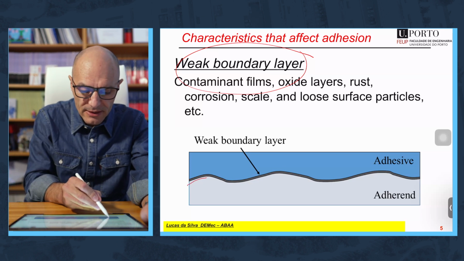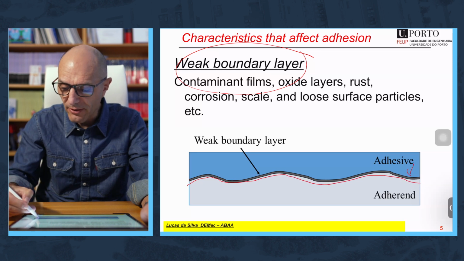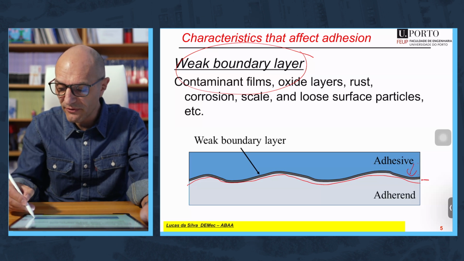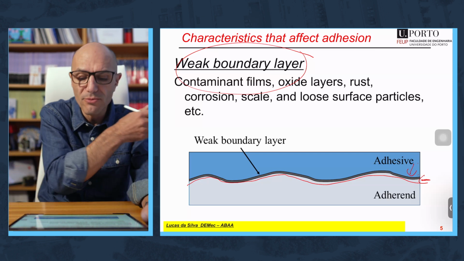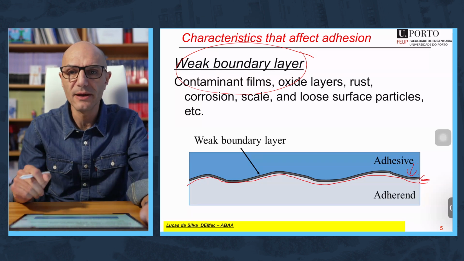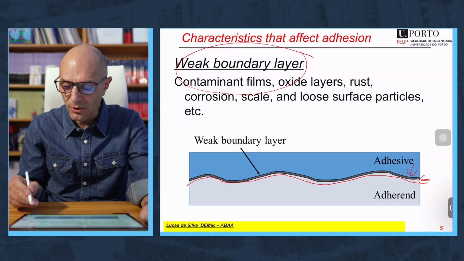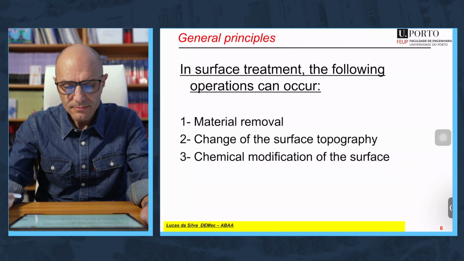And in this line here, we are talking about a very weak adhesion. You might have a strong adhesion between the adhesive and the oxide, but because the oxide is weakly attached to the base material, it will fail here at this interface with a low load. So really you need to remove this weak boundary layer and create a stronger oxide that will withstand the load and will not provoke an interfacial failure.